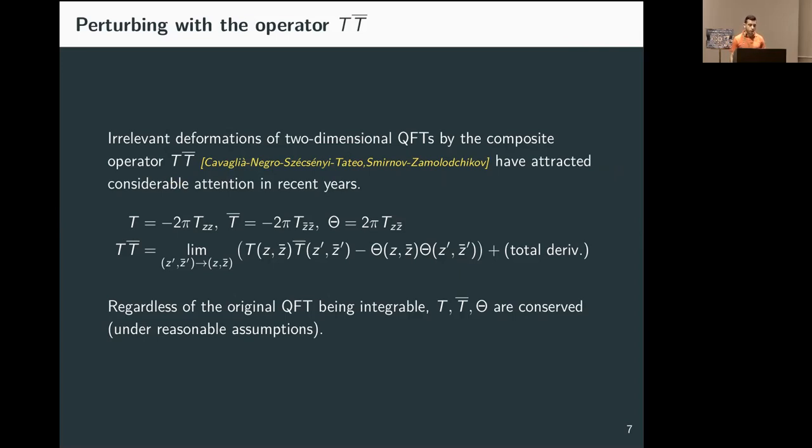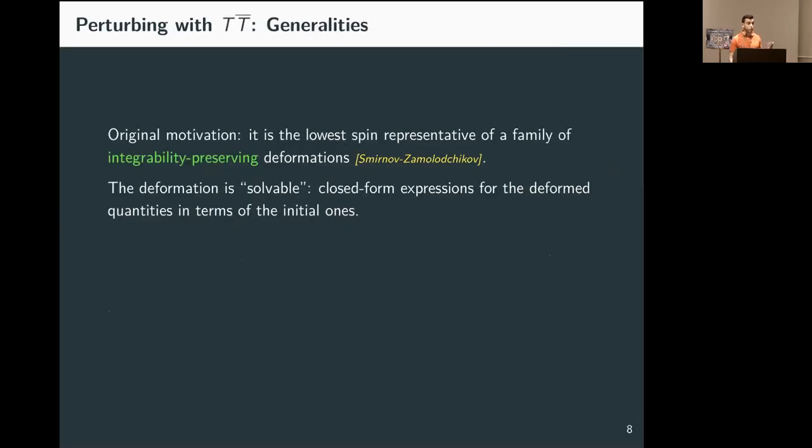Now, it is clear that we are building our deformation out of the stress-energy tensor, so it exists in a QFT under very, very mild assumptions. As I said, the original motivation to study this object is integrability. Indeed, Smirnov and Zamolodchikov have shown that given an integrable QFT, there exists an infinite countable family of operators that have the property of preserving integrability. And TT-bar is the lowest spin representative of this family.